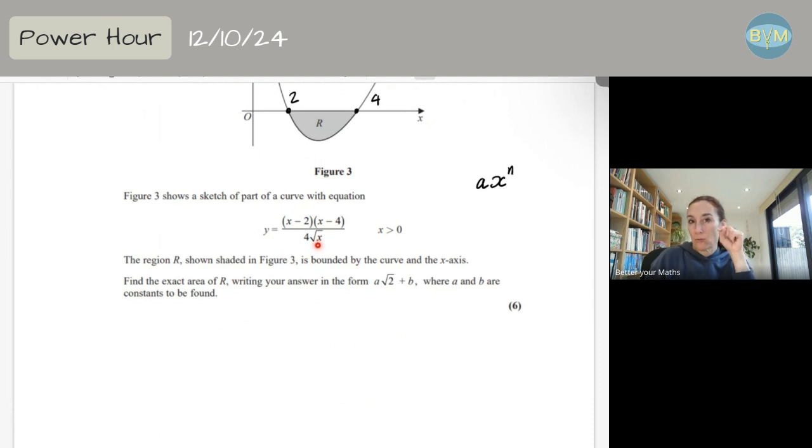And remember, I can write root x as x to the power of a half. Yeah. And remember how I divide powers. So please try to rewrite that function in a way that I know how to integrate. Yeah. I'm going to do it in a minute, but I would like you to try to rewrite that function first.